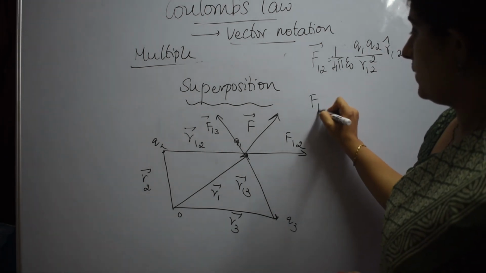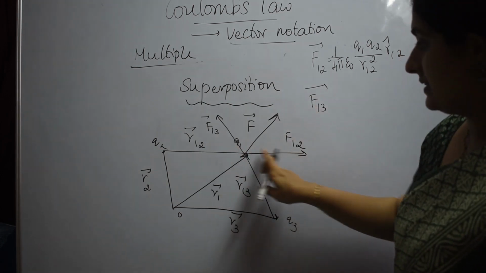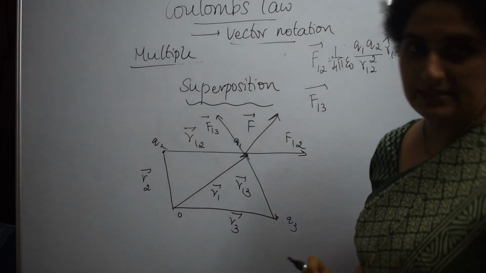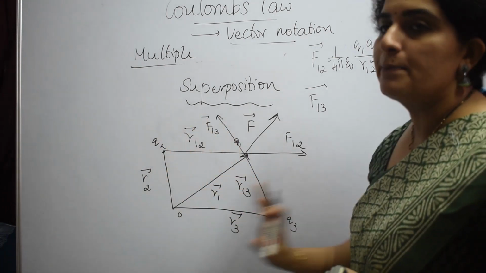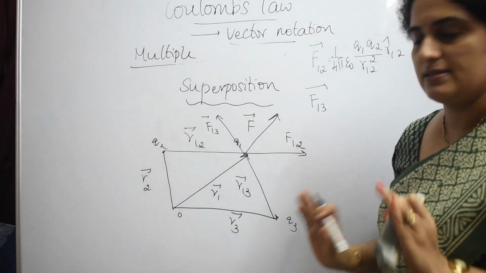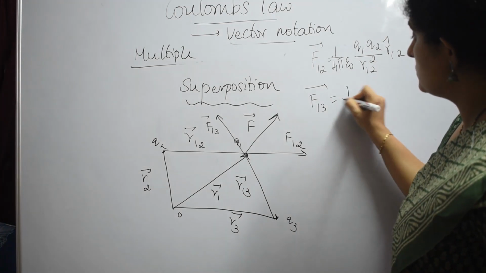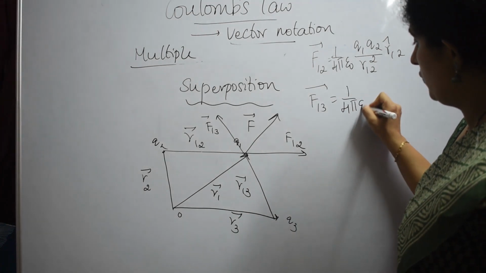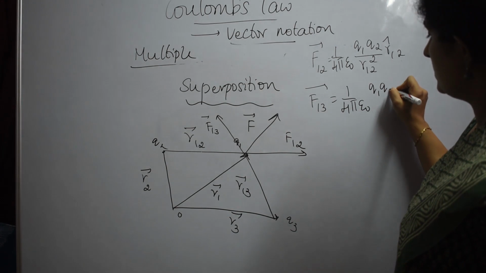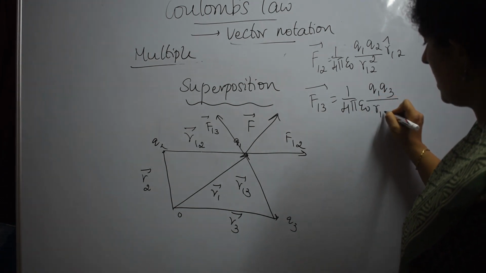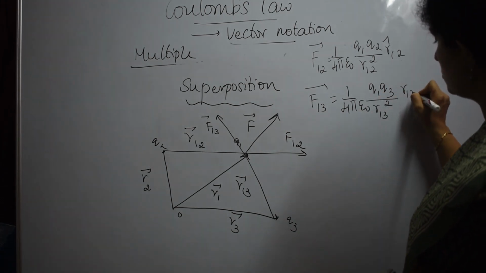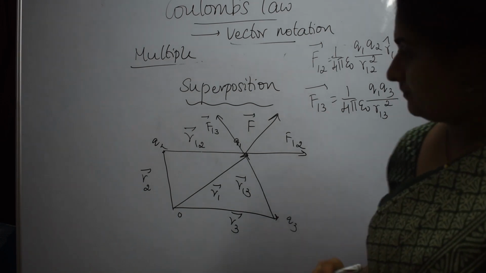Similarly, F13. So this will be in this direction. F13 will be in this direction. If we consider all our charges positive, we will consider the simplest way where you have repulsion taking place. So it is 1 by 4 pi epsilon naught Q1 Q3 divided by R13 square into R13 cap.